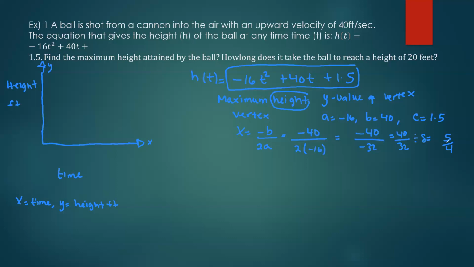What is 5 over 4? Because we actually need a value. Right, so 5 over 4 is 1.25, so you're going to plug in 1.25. 5/4 is exactly 1.25.